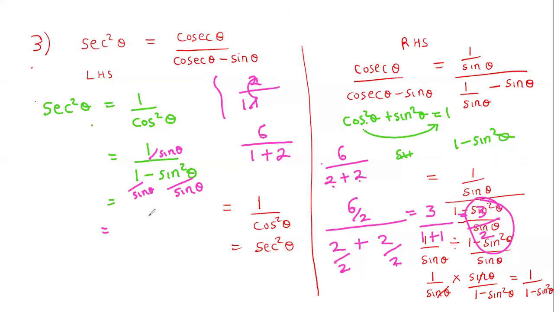So I'll get 1 out of sine of theta, divided by 1 out of sine of theta minus sine squared theta out of sine theta.